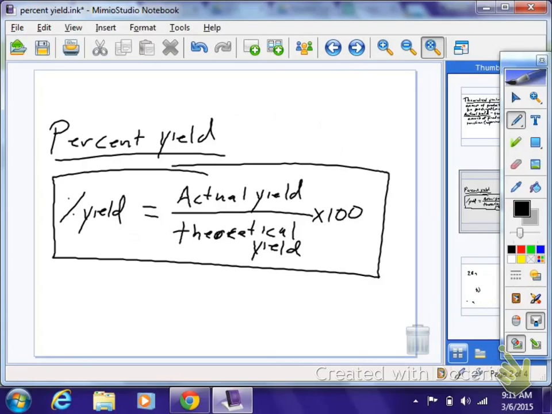But are you going to get that all the time? In nature and in life, normal reactions, you don't get 100% yield. Very few reactions give you 100% yield compared to all the different types of reactions you would have.